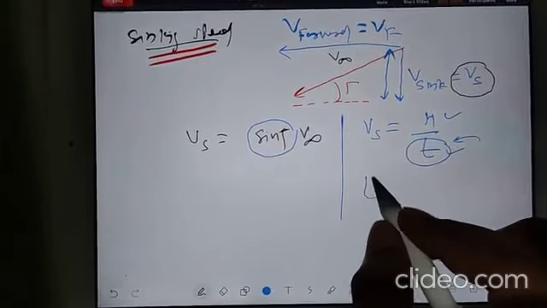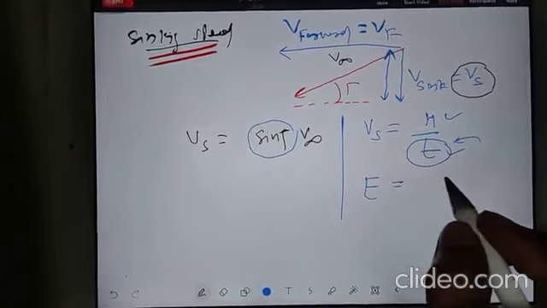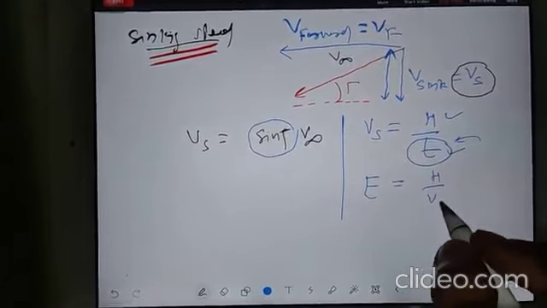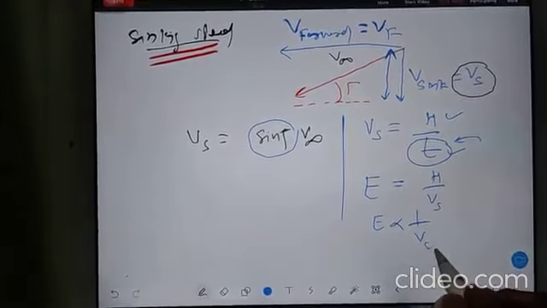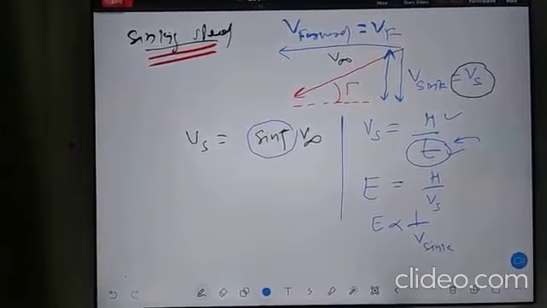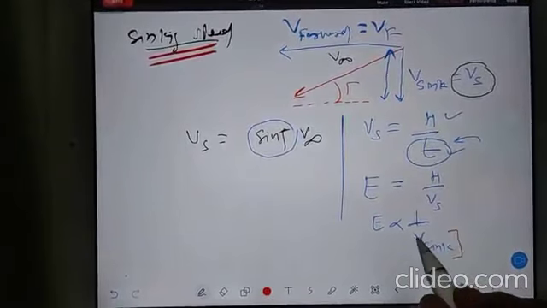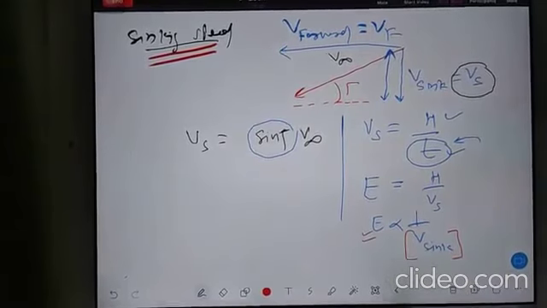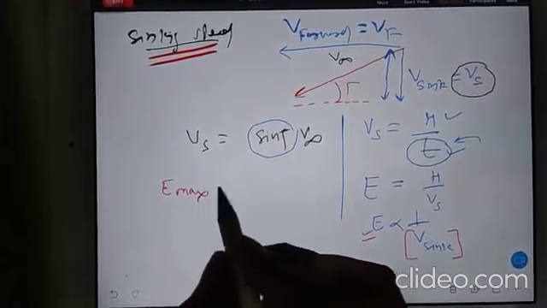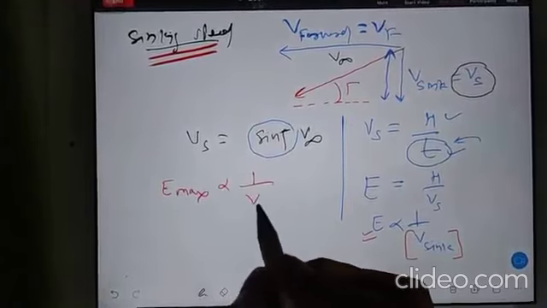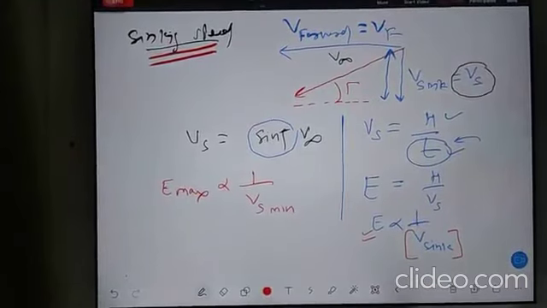So this T you can replace with endurance and write H by Vs, and from here you can see your endurance is inversely proportional to the sinking speed. So if your sinking speed is minimum, then only endurance is maximum. So next line you can write E max is proportional to 1 by V sinking minimum.